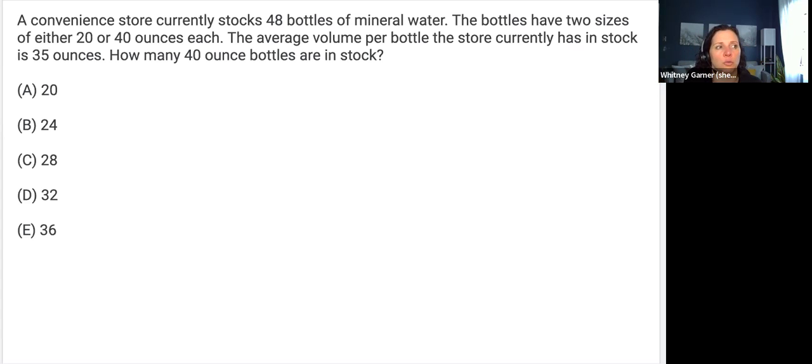So if the average volume per bottle is 35 ounces, then I know that the average of my 20-ounce bottles would be 20 ounces. The average of my 40-ounce bottles is 40 ounces.